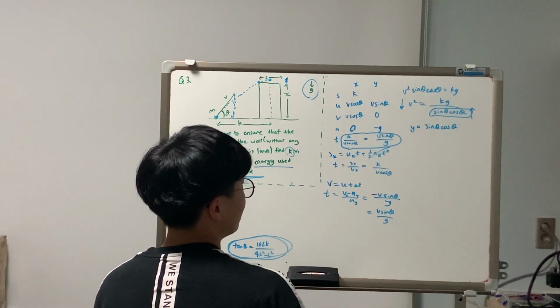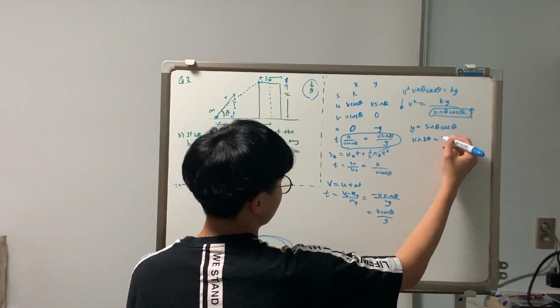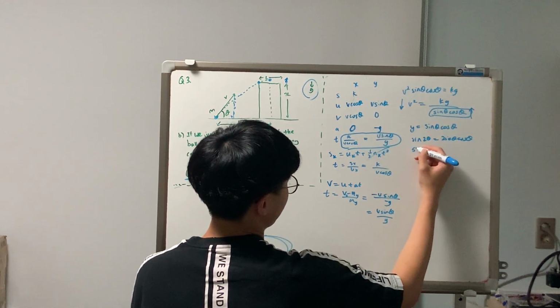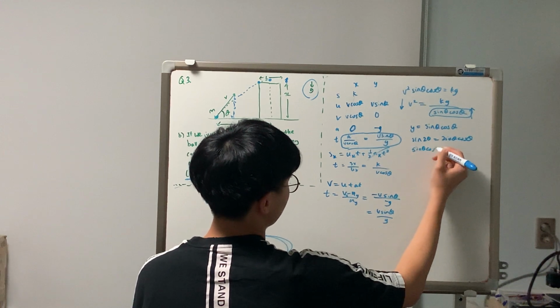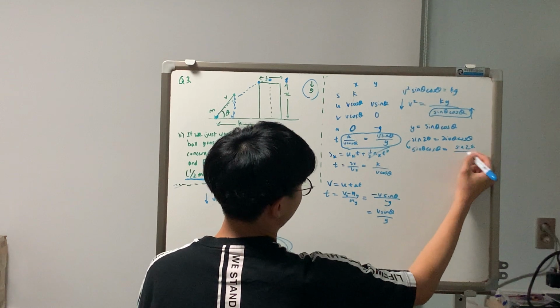Well, we know from the double angle formula that sine 2 theta equals 2 sine theta cosine theta, so sine theta cosine theta would be equal to sine of 2 theta over 2.